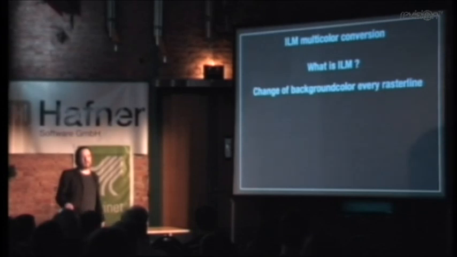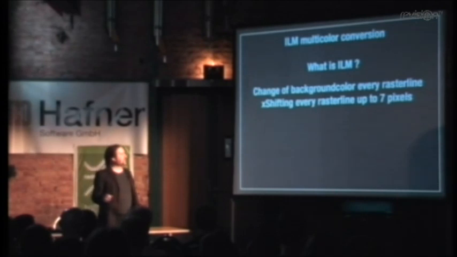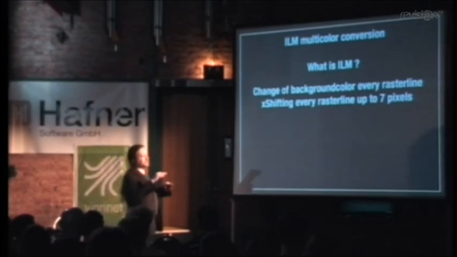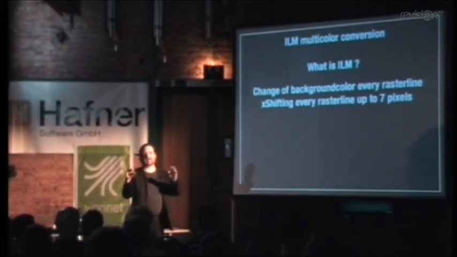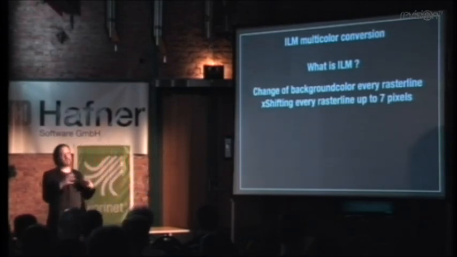So the D021 color is changed every line, and we can do that for graphics enhancements. We have X shifts every raster line up to 7 pixels, which means we can take a high-res graphic and shift every line up to 7 pixels, and therefore get rid of the strong restrictions of the matrices.